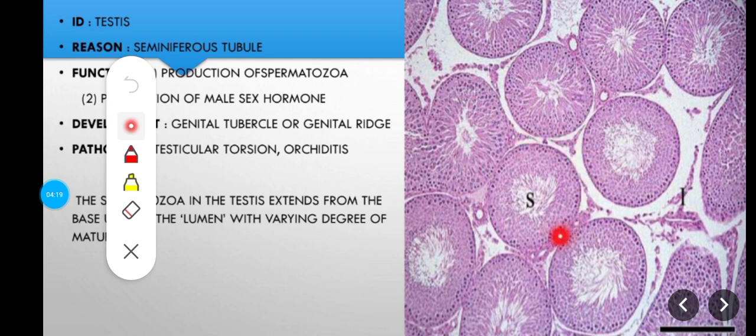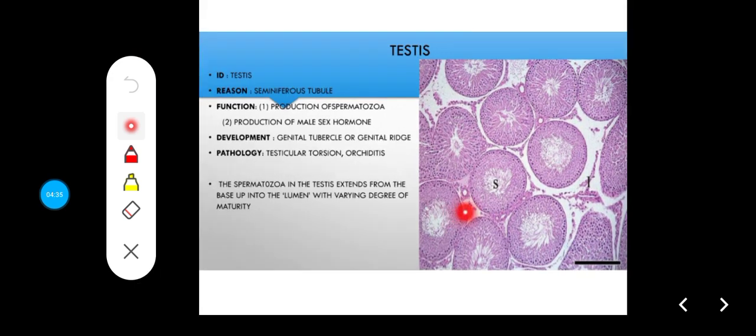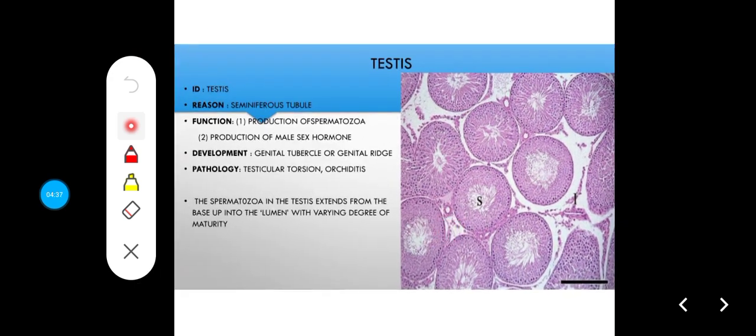Now, the seminiferous tubules of the testis are made up of several layers of cells. The key thing for differentiating the testis from other similar structures like the epididymis is the way the cells are layered.